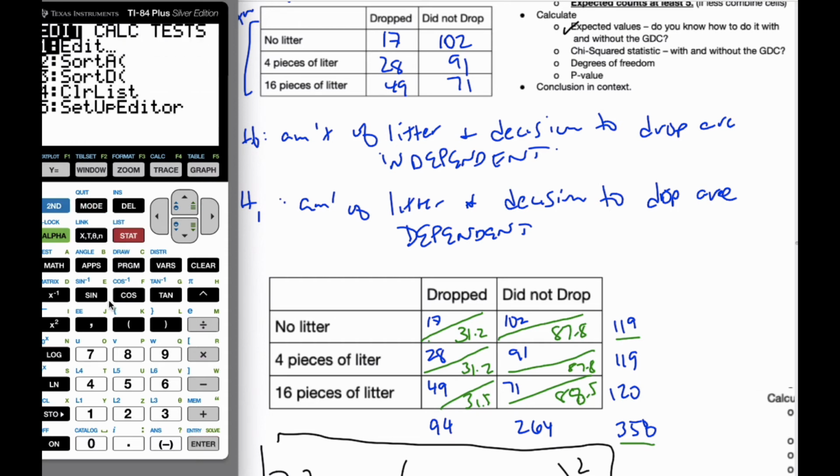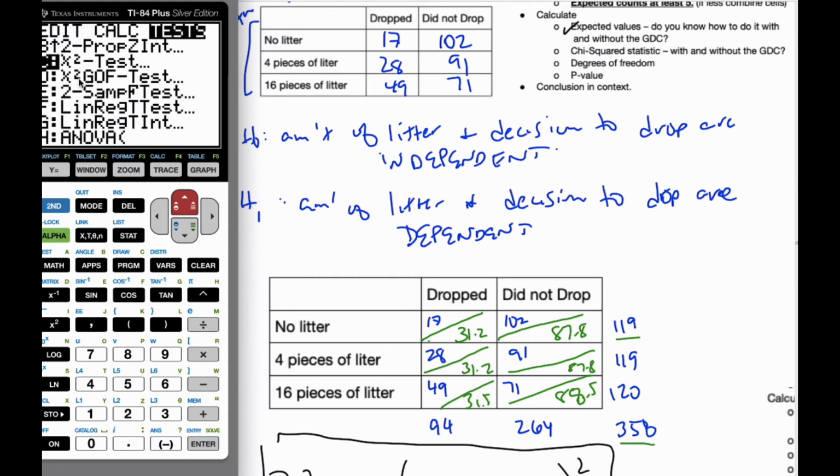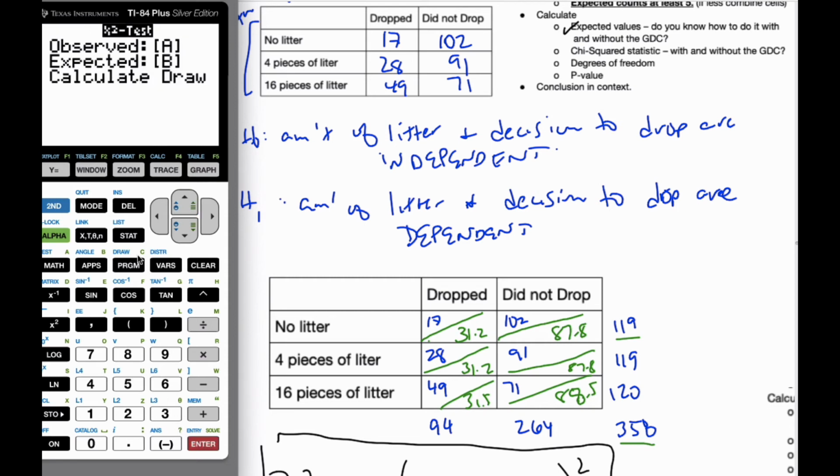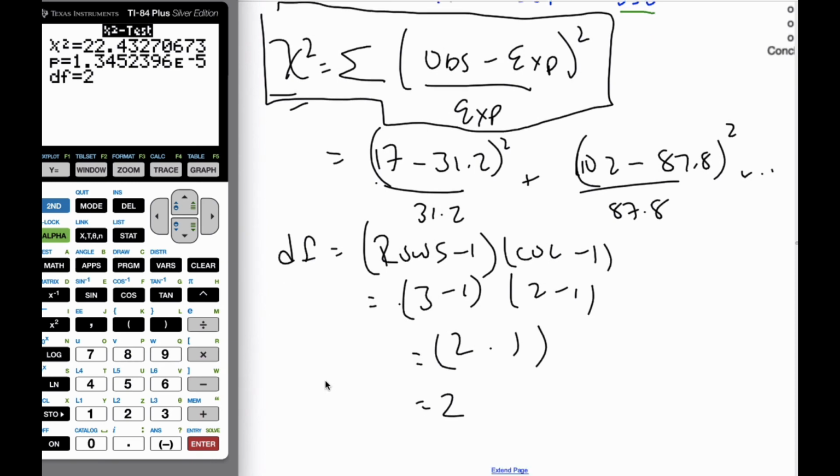Now I'm going to go to Stat, Tests, and I'm going to go to Chi-Squared Test. Not Chi-Squared GOF Test, but Chi-Squared Test, C. Hit Enter. The observed values are in matrix A. I type that in. The expected values, it's going to compute these all by itself, and then I can calculate it. And so now I know the degrees of freedom is 2.